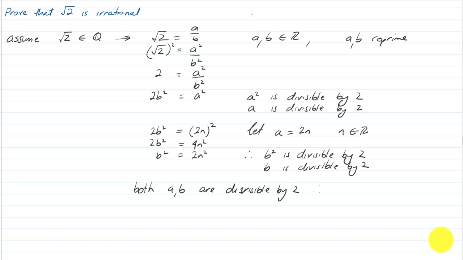And therefore, a over b is not fully simplified, or a and b are not coprime. And this is a contradiction. It contradicts the assumption.